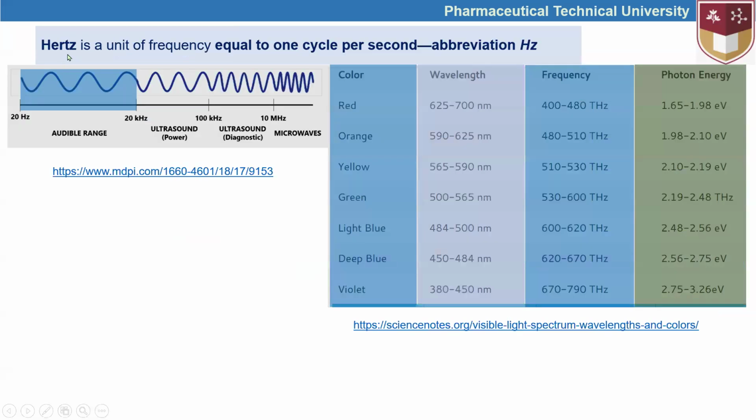And this is about the frequency. Hertz is the unit of frequency, which is equal to 1 cycle per second. It is abbreviated as Hz. I would like you to pay attention to the colors. The violet color has the highest frequency, and the red color has the smallest frequency, as shown here. The frequency of the visible spectrum is very high.